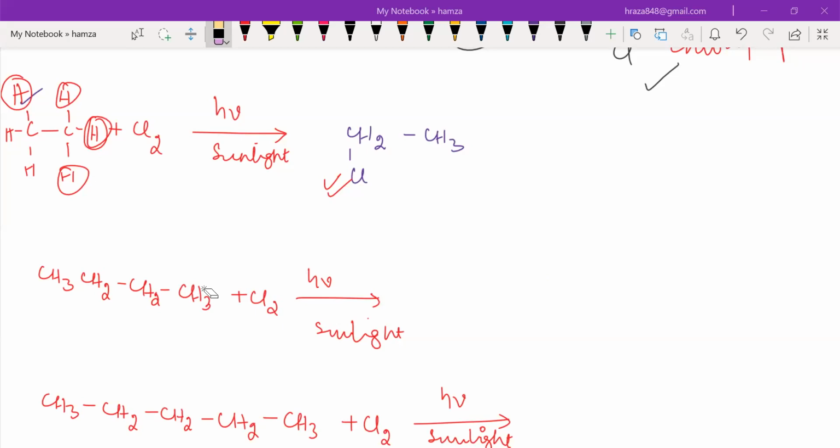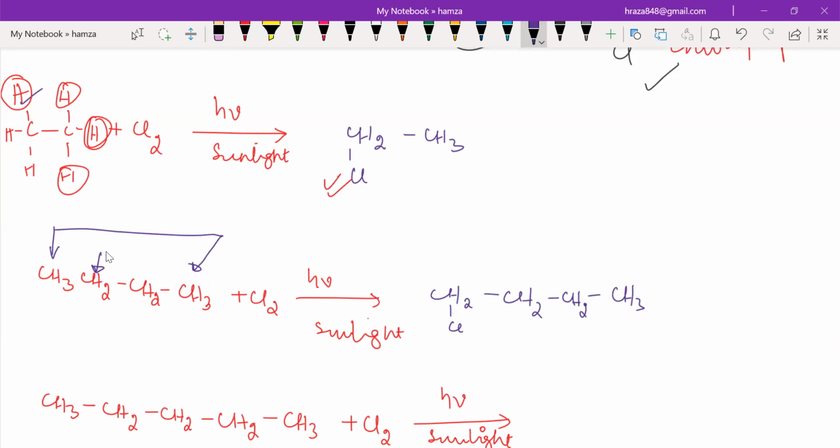So the next one, we will attach the chlorine to the second carbon. We can attach it to the third one also and the fourth one also, right? See, if you write the first one like this, CH3, CH2, CH2, CH3, and attach chlorine here and here, that will mean the same.